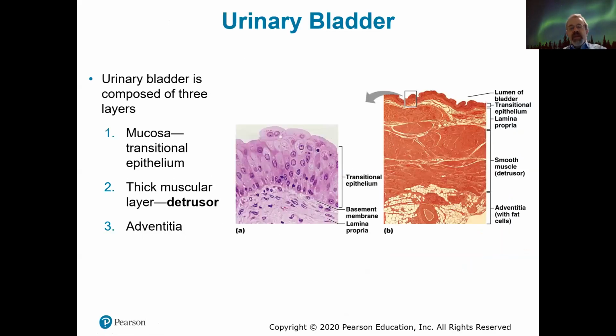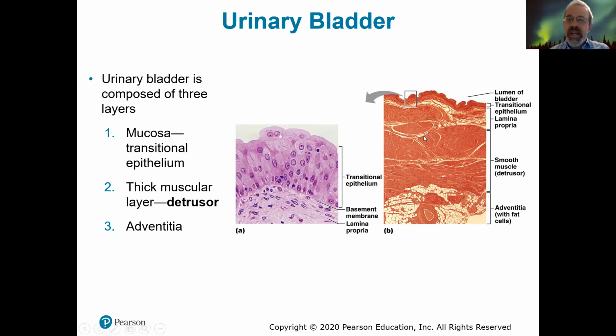All right. So urinary bladder, like I mentioned, has a muscular wall. Not only does it have a muscular wall, it has an epithelium, which is transitional, much like the ureter, and it has an outer adventitia. So the similarities between the ureter and the bladder are the transitional epithelium and the adventitia.